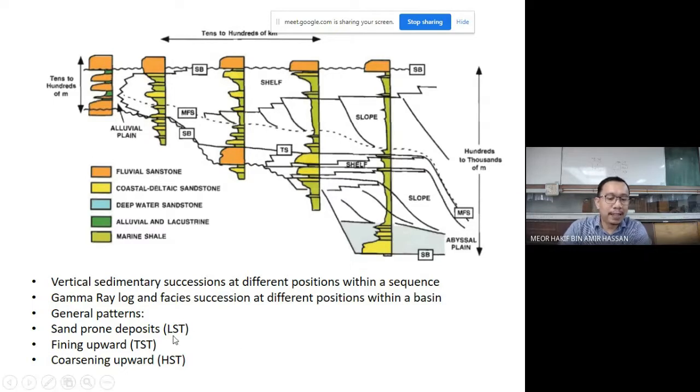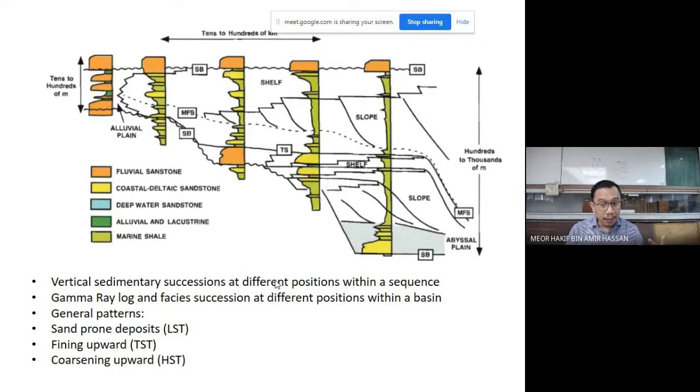Okay, so during the LST, it's going to be sand prone. During the TST, it's going to fine upwards. Because most of the time, if it is shallower, the general trend is like this. If you have shallower in a coastal environment, it's going to be higher energy, so you have sandier deposits.